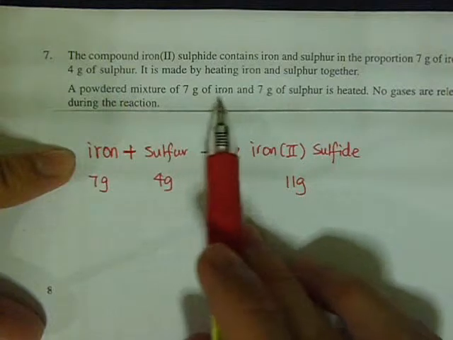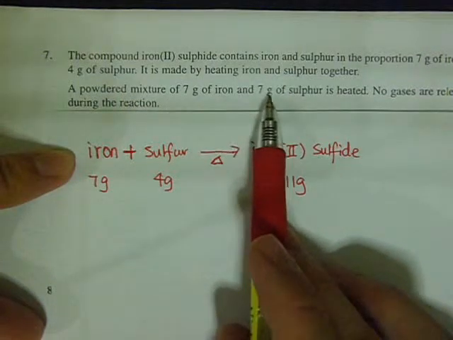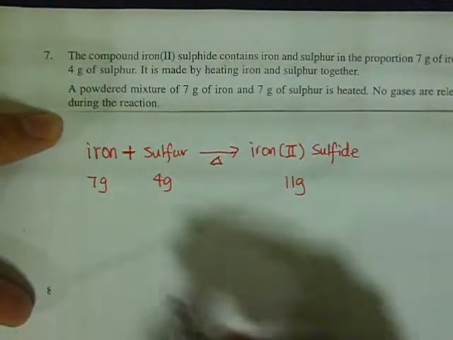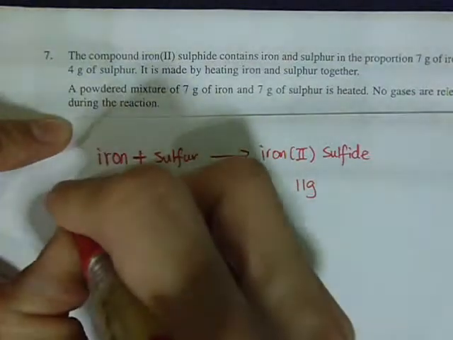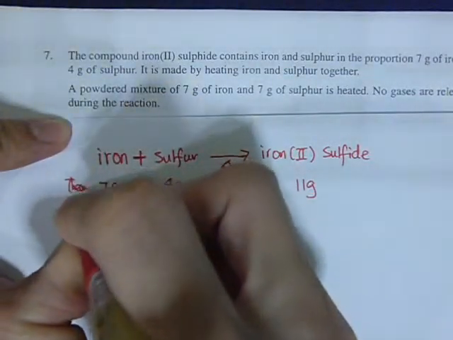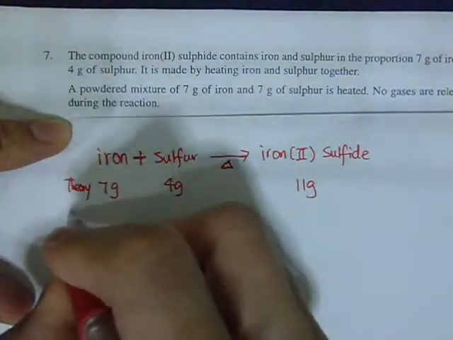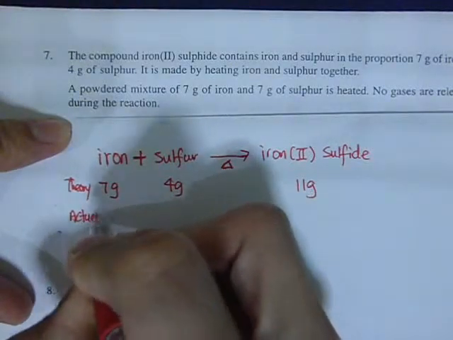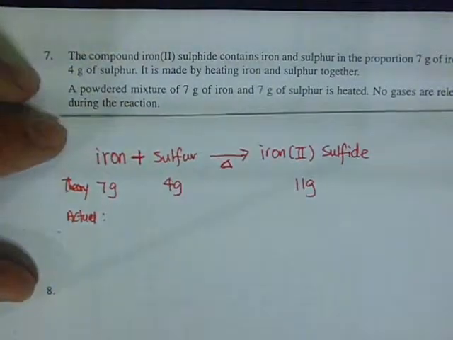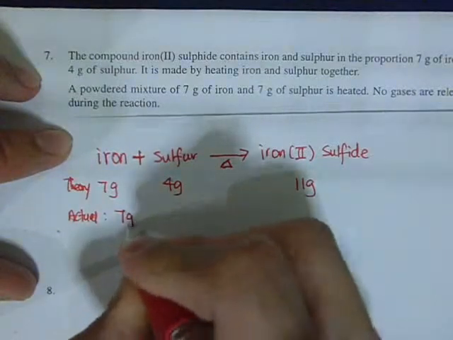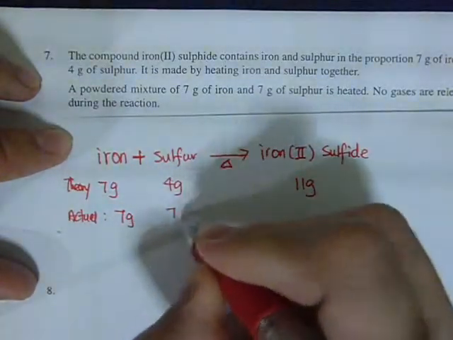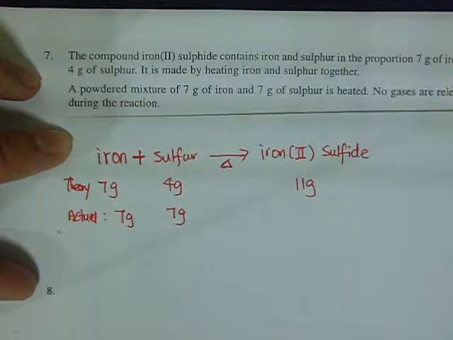Now, the next paragraph. A powdered mixture of 7 gram of iron and 7 gram of sulfur is heated. Now, this is actually the theory. In an experiment, you have 7 grams of iron and 7 grams of sulfur.